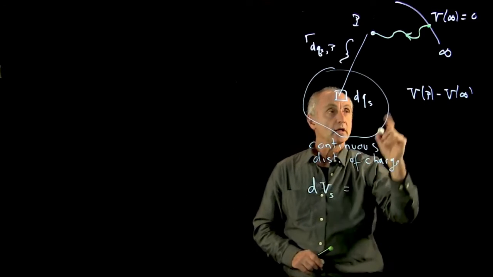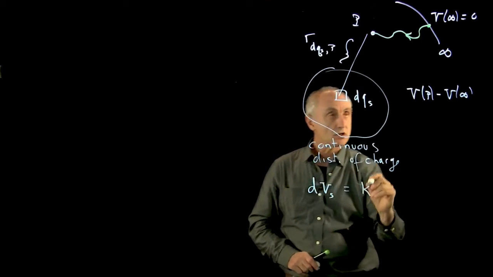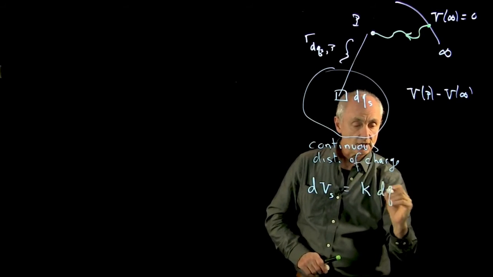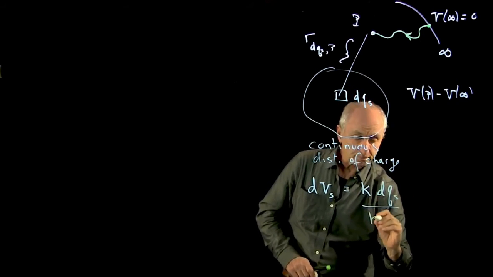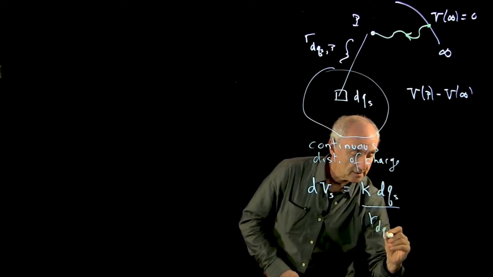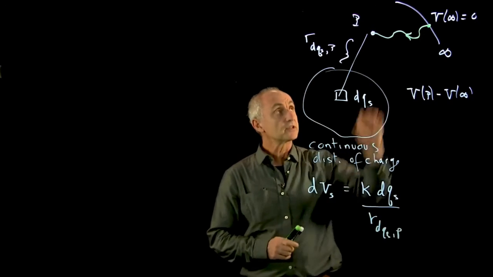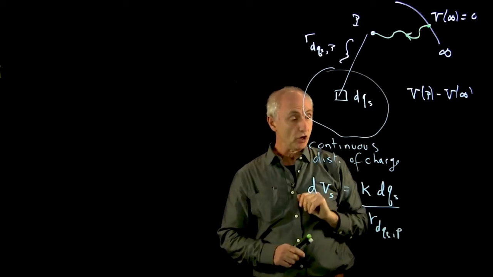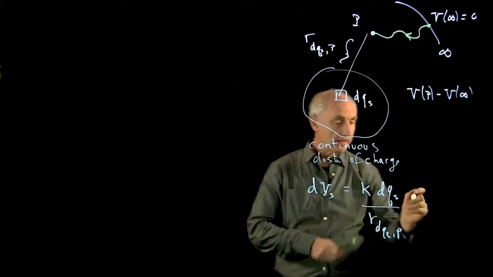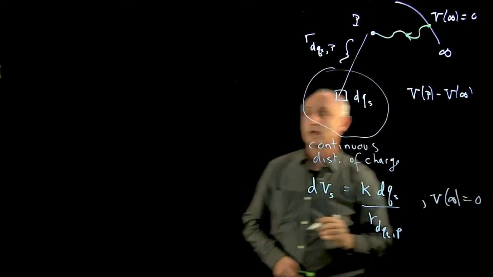We know, by looking at point charges, that this is just dq over the distance from dq to P with a constant k. And this comes from just treating this as a point charge. Now, remember, here we have that V of infinity is 0.